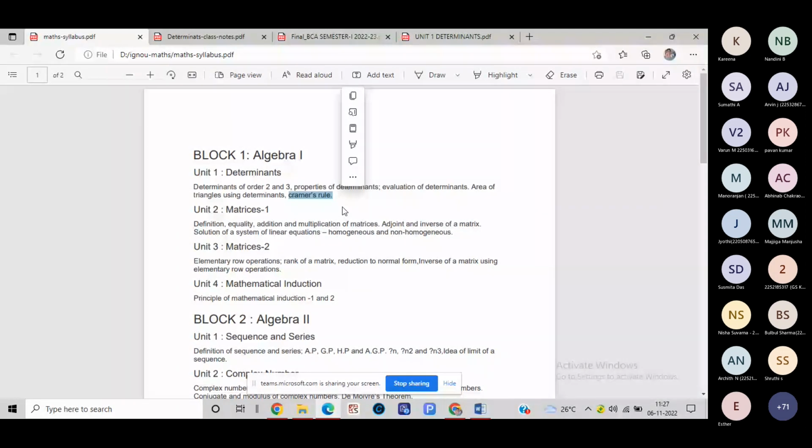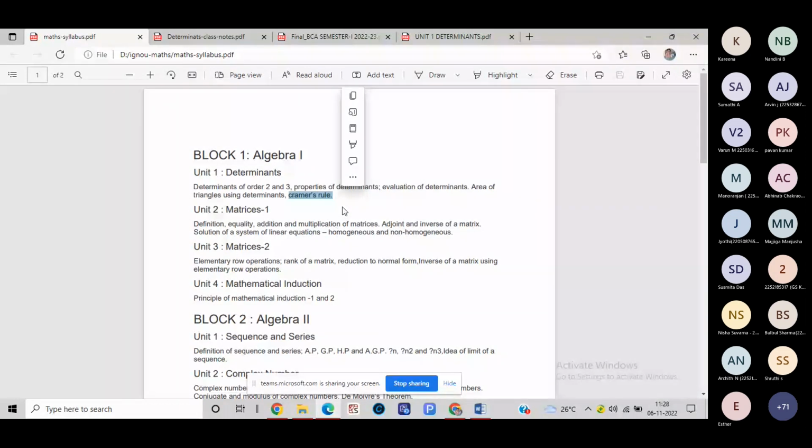Once you know the matrix representation, what do you mean by adjoint? To find the adjoint, you need to know determinants. If you are comfortable with determinants, you can easily go on to matrices. Determinants are the basics. Then adjoint and inverse of a matrix, and if you know all those things, you can find the solutions.